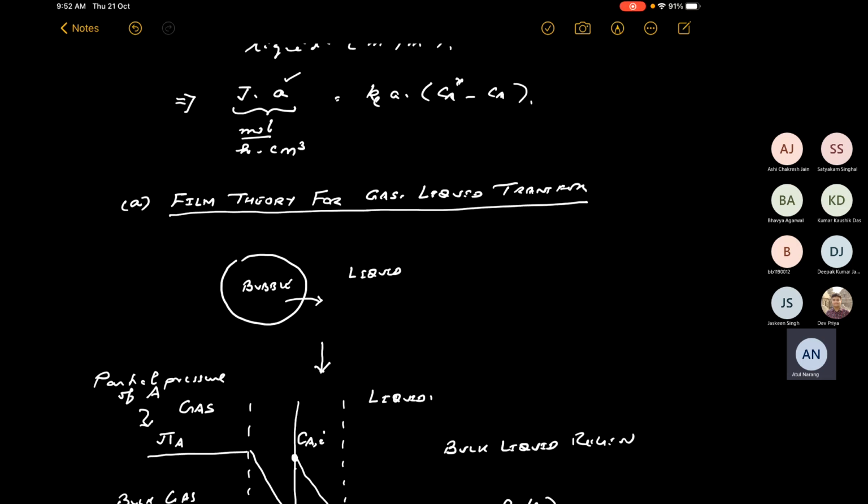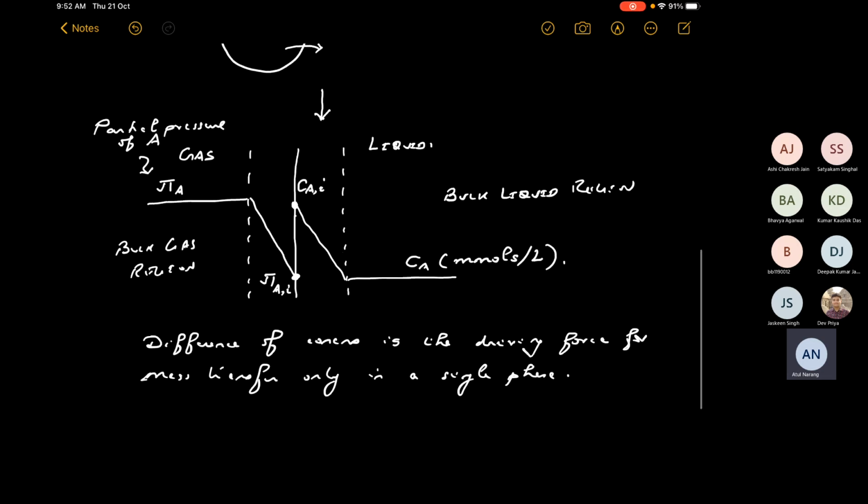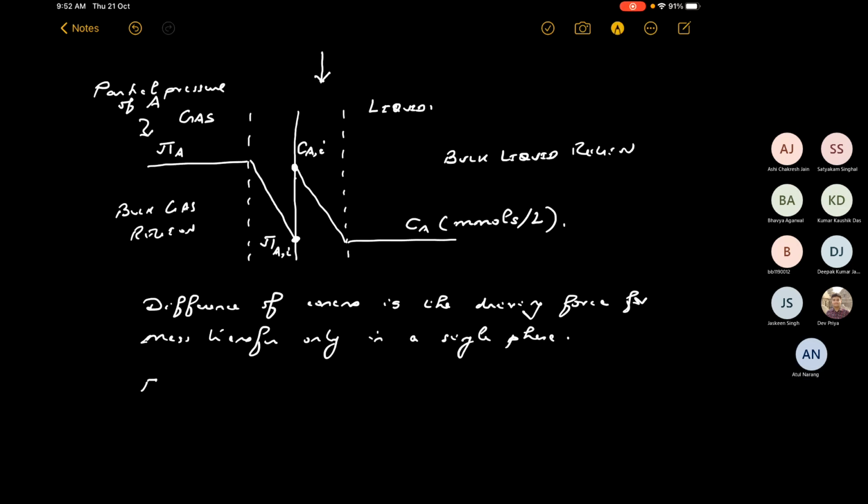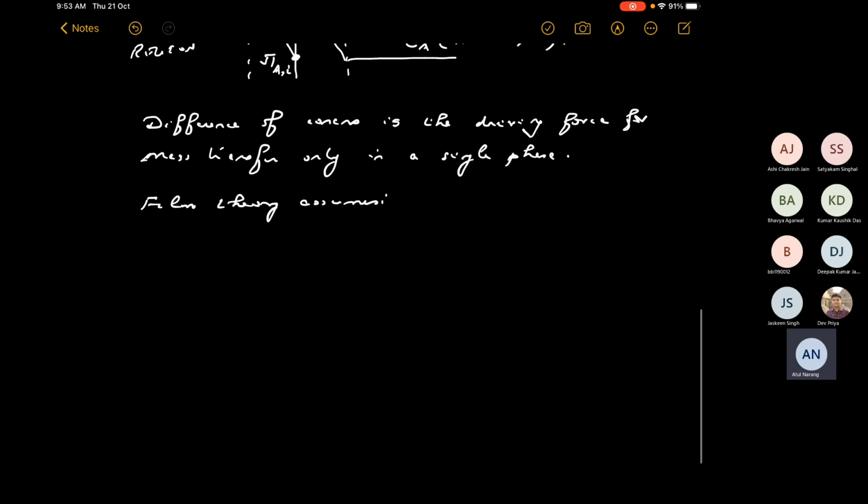So the film theory assumes, first, that the bulk of both phases are well mixed. Both phases, meaning the bubble phase and the liquid phase, are well mixed.